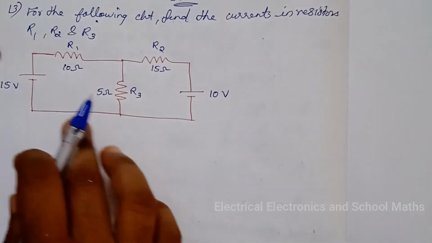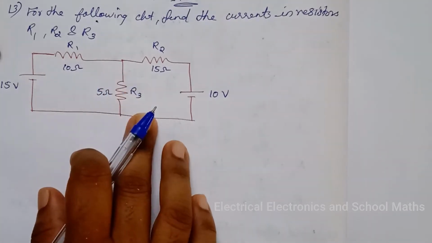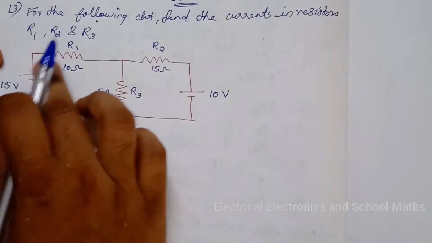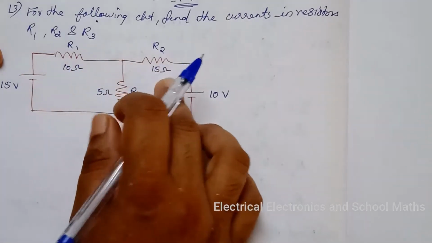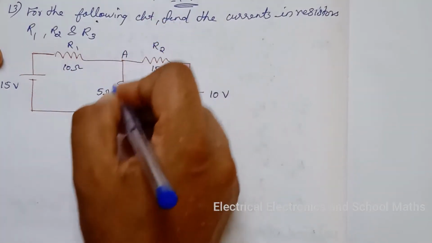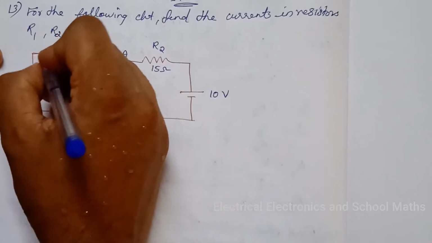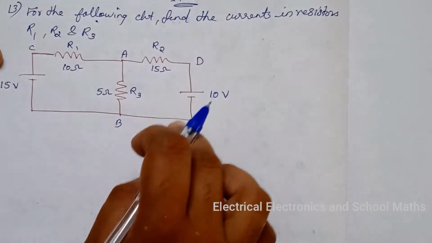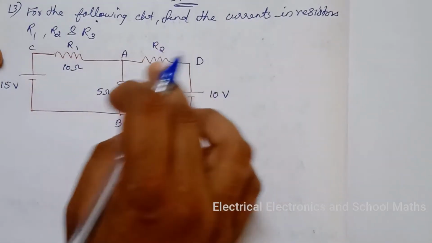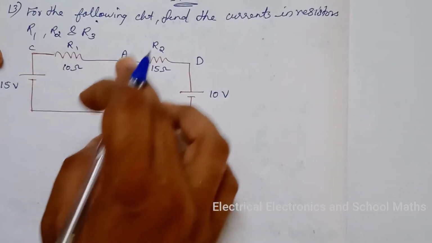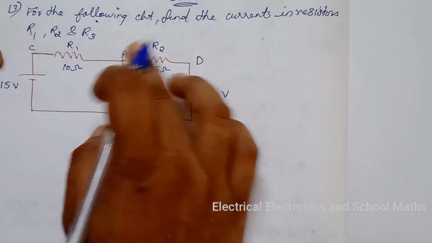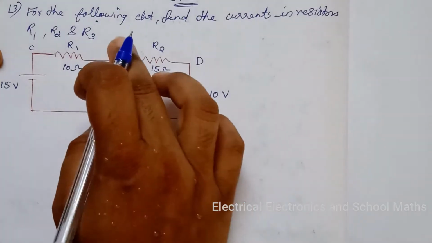First, assume the direction of current, and there are two loops, this is one loop and this is the second loop. Let A, B, C and D be the junctions or nodes. Then the first loop is A, B, C, A, and the second loop is A, D, B, A.